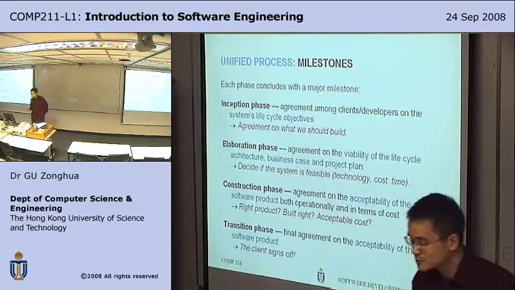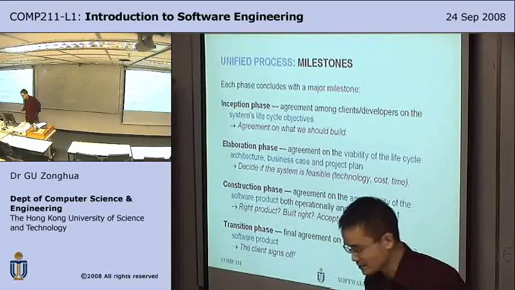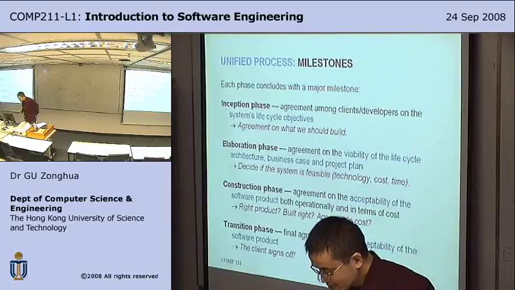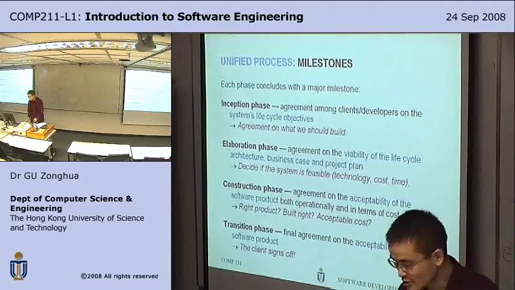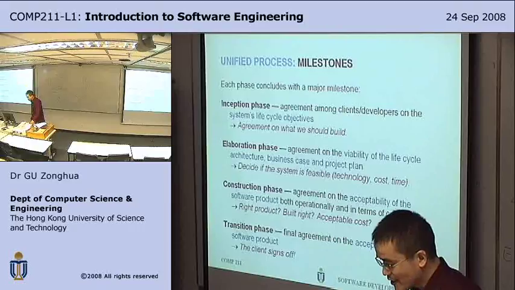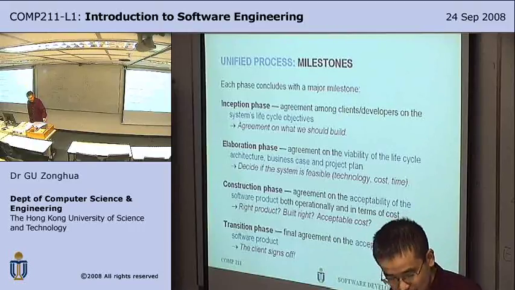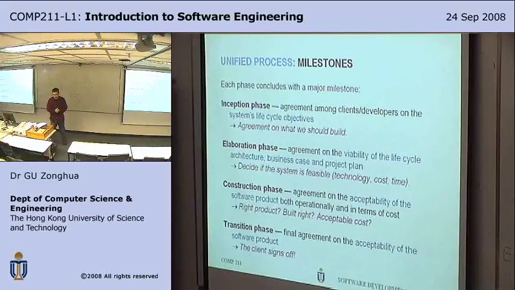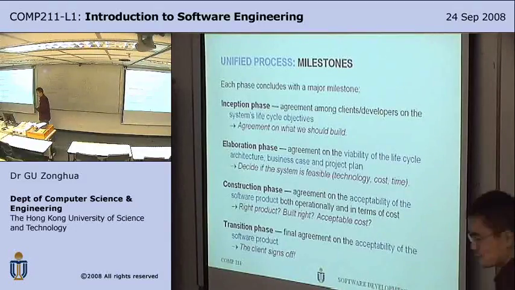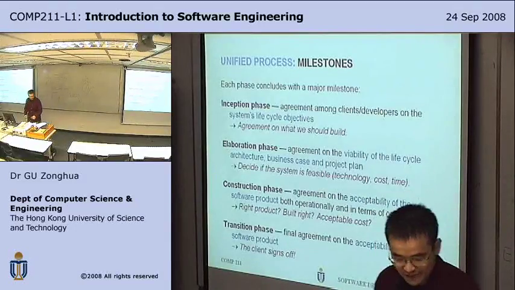Is the cost acceptable, right? Does it exceed the budget? The transition phase is when you reach final agreement on the acceptability of the software product. That is, the software system is transitioned to the client side, and it's in operation and it works. That's when the client finally signs off.